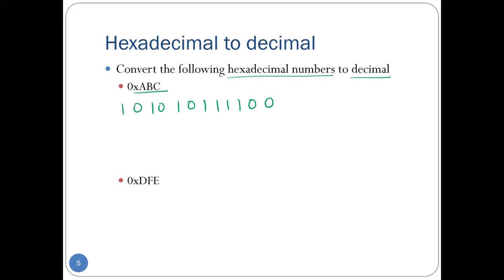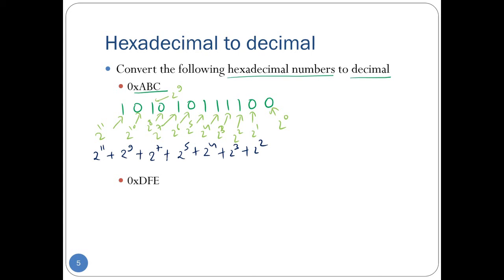Now again, using the powers of 2, we can translate this binary number into the decimal number. So the corresponding powers of 2 are listed over here. Let's now add the powers of 2 that correspond to a digit of 1, because 0 multiplied by anything is 0. So zeros won't contribute anything to the binary magnitude. So we get this sum of powers of 2, and let's write down the corresponding numbers.